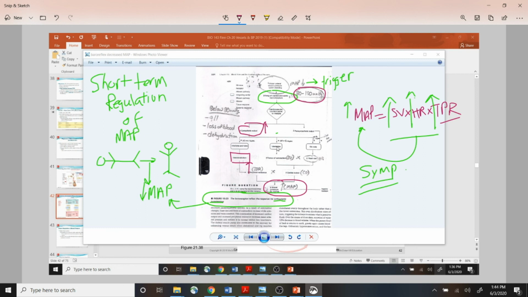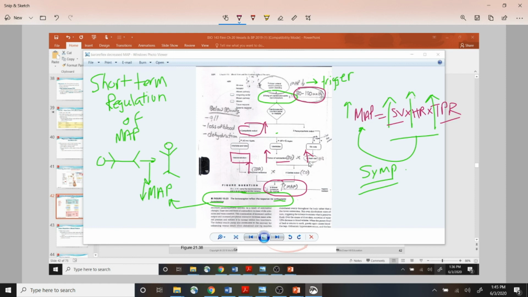The sympathetic nervous system also has predominating fibers that are leading to the ventricles. And when they release their neurotransmitters or hormone binds to those receptors on those ventricles, you're going to increase your stroke volume or your force of contraction. When you contract with more force, you get more blood pressure. And finally, the sympathetic nervous system has controlling fibers to the SA node that will increase heart rate, which will increase mean arterial pressure.